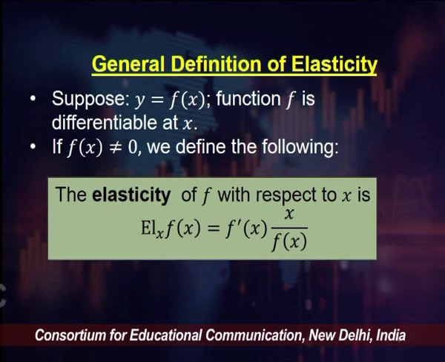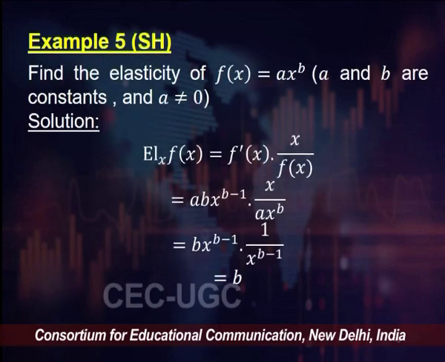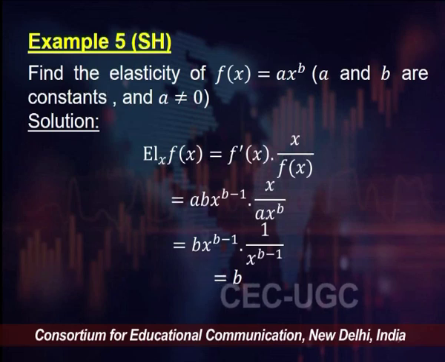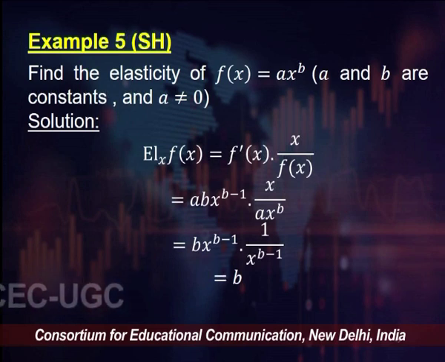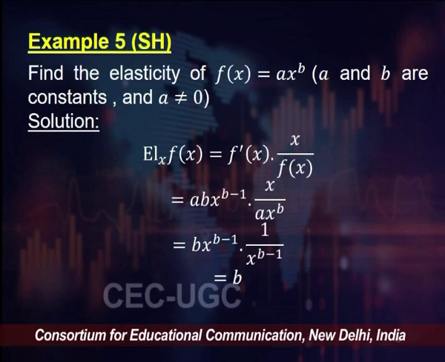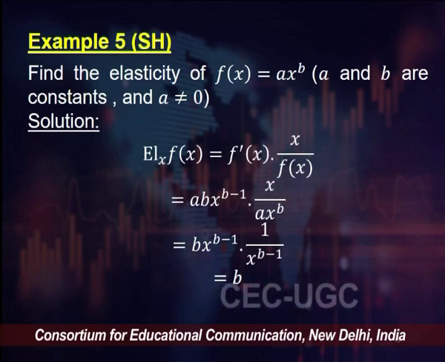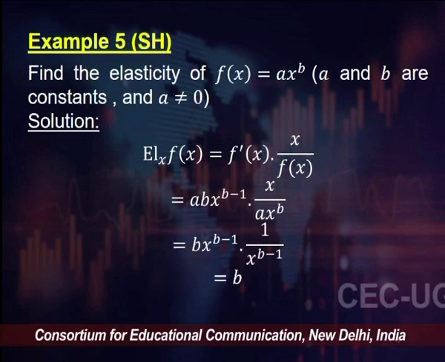Now, let us apply this definition to a problem which asks you to calculate the elasticity of f of x, which is given by a times x to the power of b, with respect to x. Here in this function, a and b are constants and a is not equal to 0.